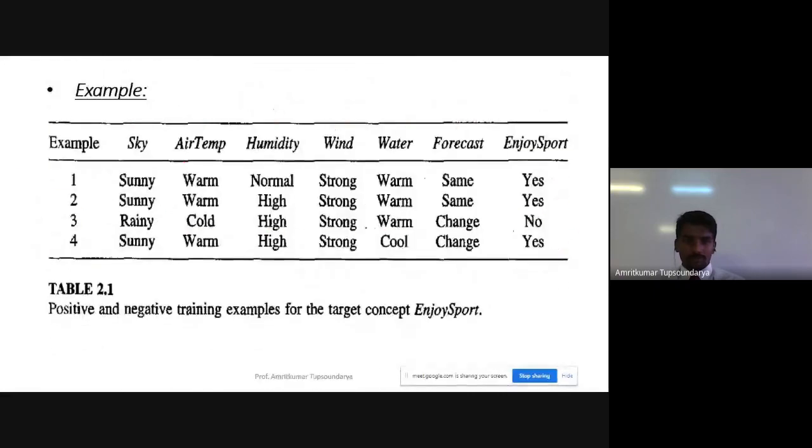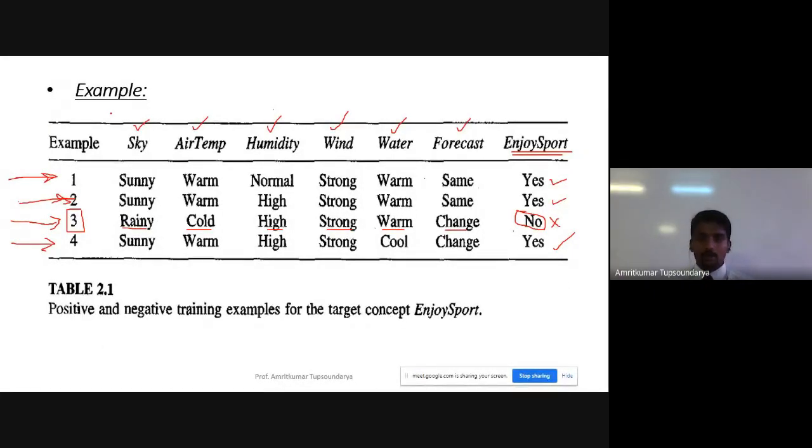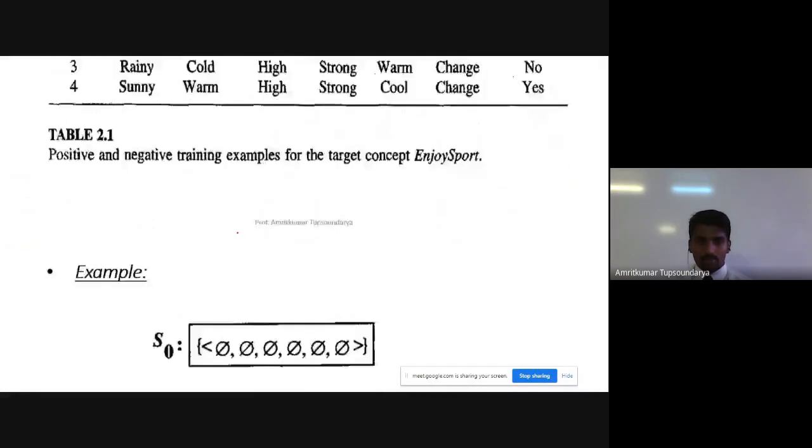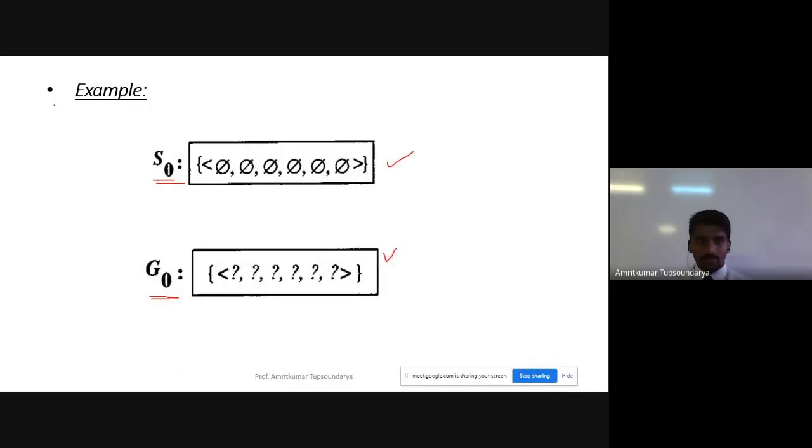So we discussed the training examples that we saw with respect to the Enjoy Sport target concept. We had these four training examples wherein we have three positive training examples and one negative example. So we execute this candidate elimination algorithm by first assigning the most specific and the most general hypothesis.